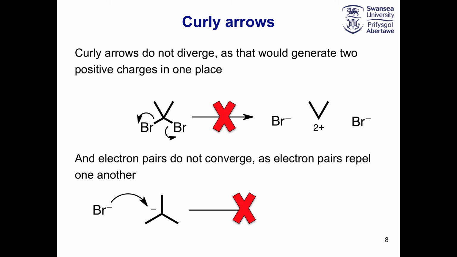Similarly, electrons will not move towards an electron-rich negative charge due to charge-charge repulsion. So, a curly arrow will never head towards a negative charge, and two curly arrows will never head towards one another. Note, however, that this does not apply for unpaired electrons and half-headed arrows, which are keen to get paired up, as shown on slide 5.